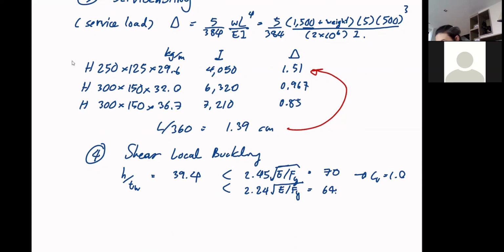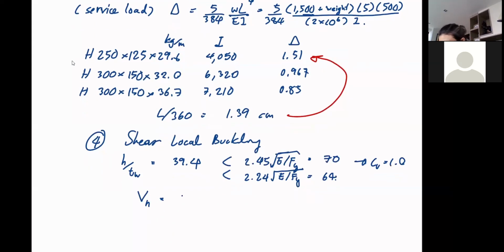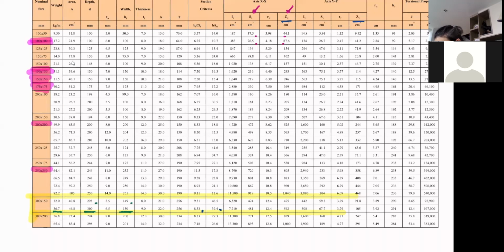Okay. So let's say now your nominal moment is going to be equal to 0.6 Fy. The total depth now, because we use the one with the size equal to the nominal size, it's pretty easy, 30, but you're gonna have to pick up the TW here, 6.5 millimeters.